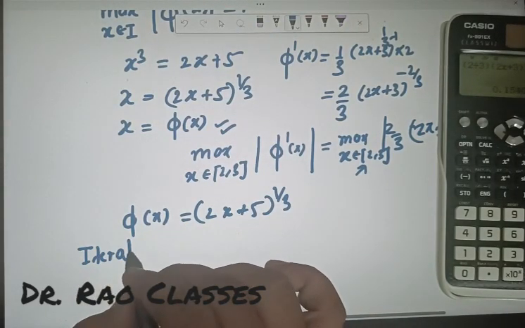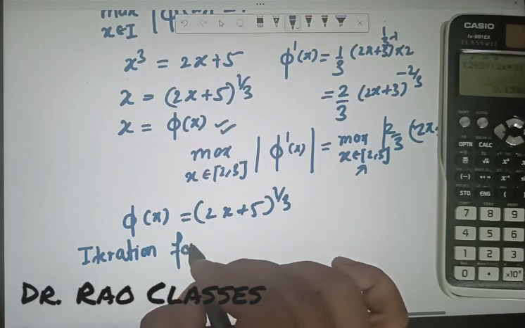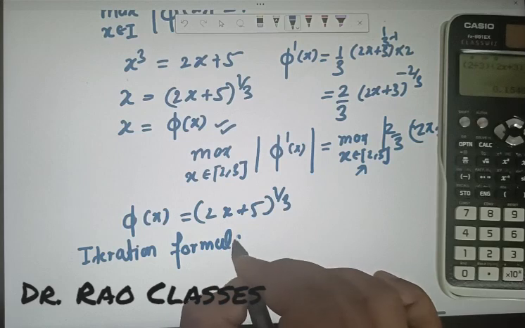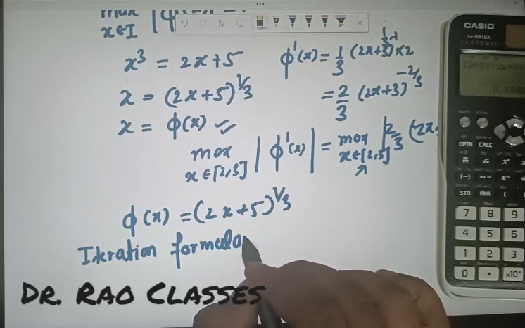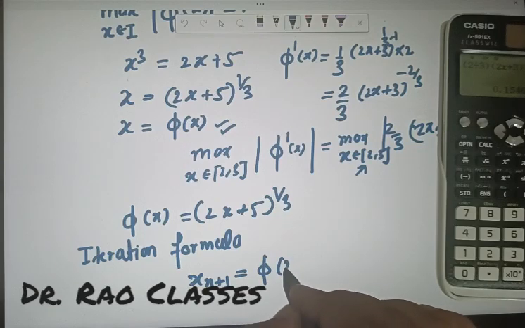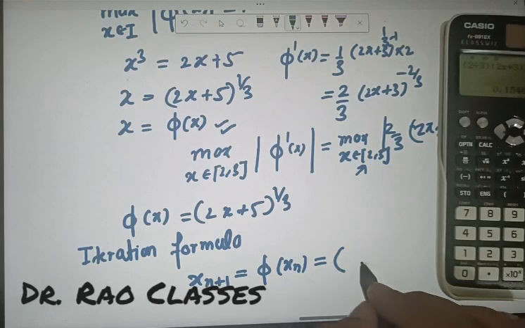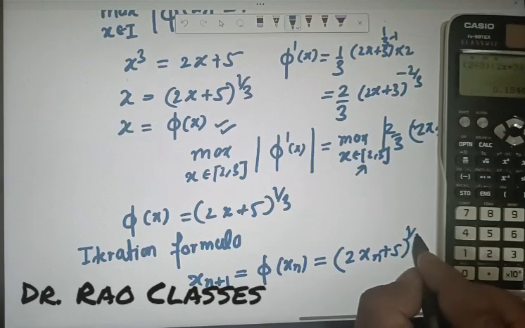We have the iteration formula as x n plus 1 is equal to phi of x n, right? That is, you can write here in place of this 2 x n plus 5 to the whole power 1 by 3.